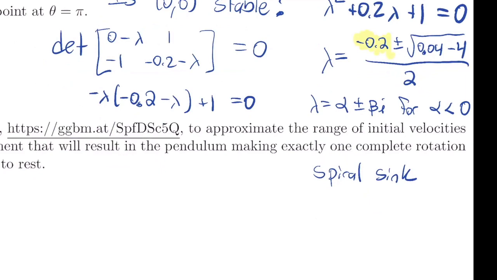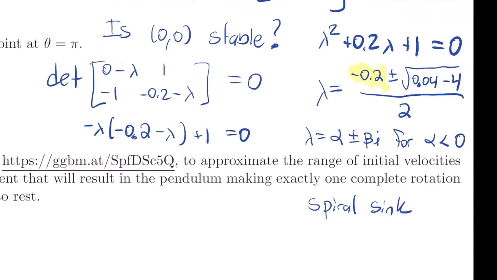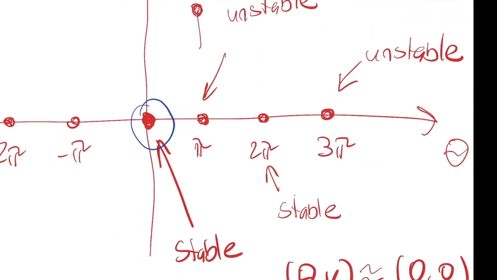Any questions? Okay, so that tells us over here, that's where that spiral sink came in. So it's nice, I think, to see the math mimic some of the intuition that we might have about this pendulum, like where these spiral sinks and spiral sources come in practically.